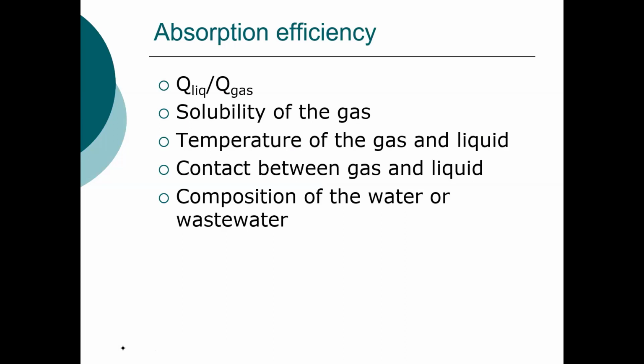So the absorption efficiency is going to be dependent on a number of factors. These include the ratio of the liquid flow rate to the gas flow rate, and that really asymptotes.